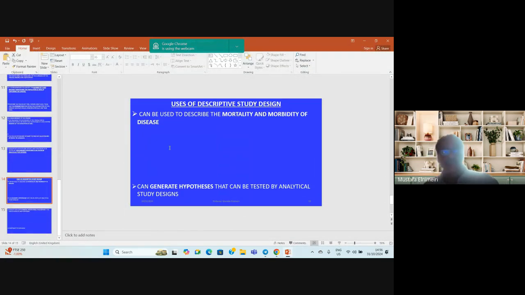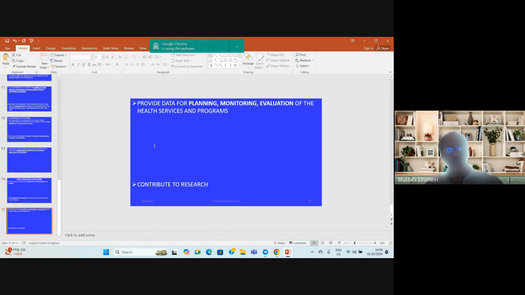Now we come to the use of descriptive study designs. It can be used to describe the mortality and morbidity of the disease, for example, the mortality of tuberculosis and the morbidity as well. You can use the descriptive study to generate hypotheses that can be tested by analytical study designs, and descriptive study designs can provide data for planning, for monitoring and evaluation of the health services and programs.